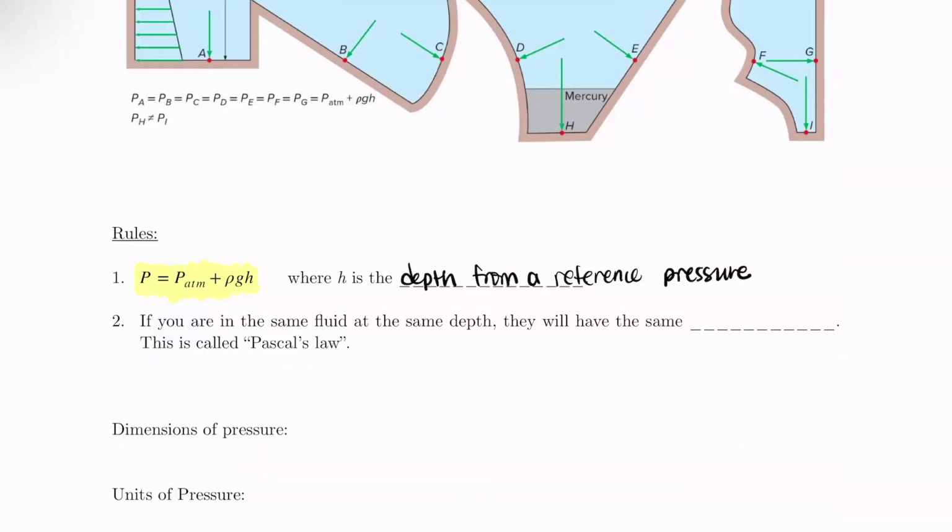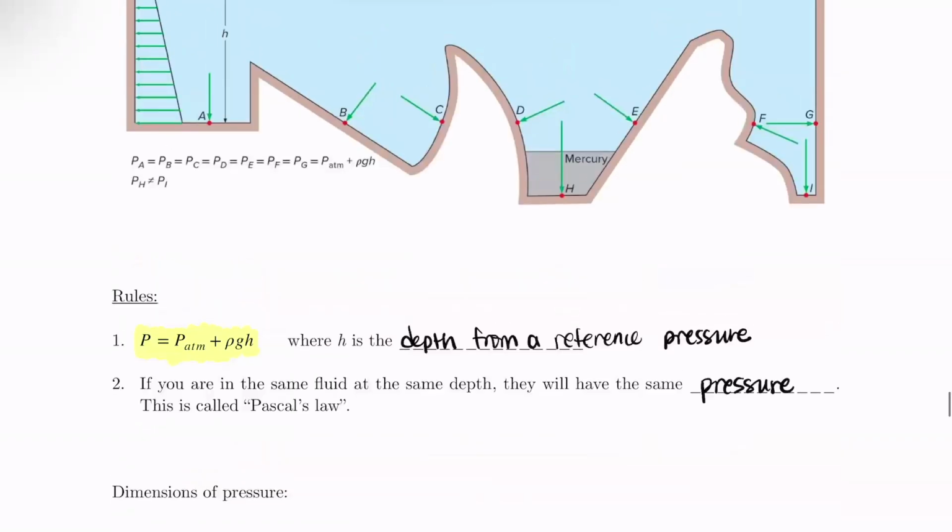All right. Second rule that we want to keep in mind, and this is very handy when we do analysis for pressure related systems, is that if you're in the same fluid and at the same depth, you will automatically have the same pressure. This is called Pascal's law. And that is why, no, that's not a good color.